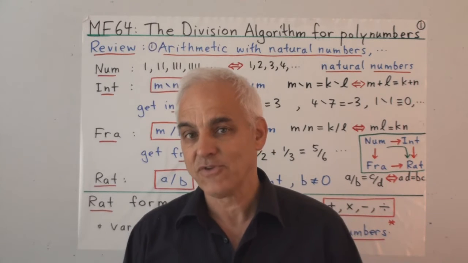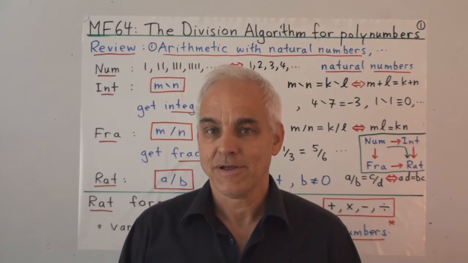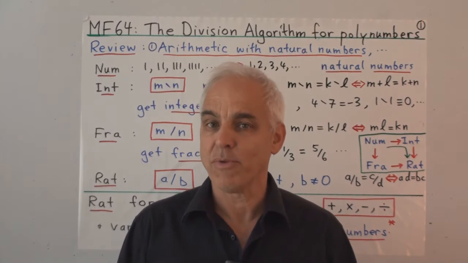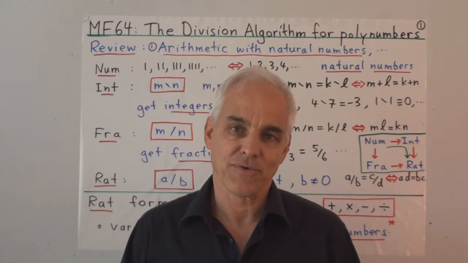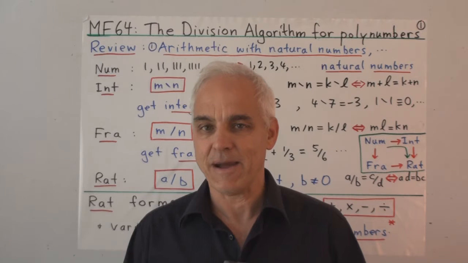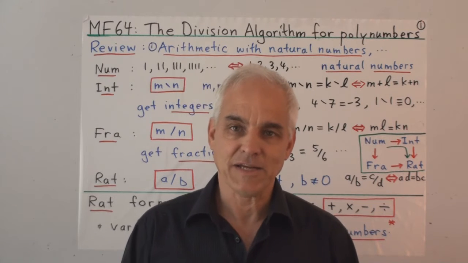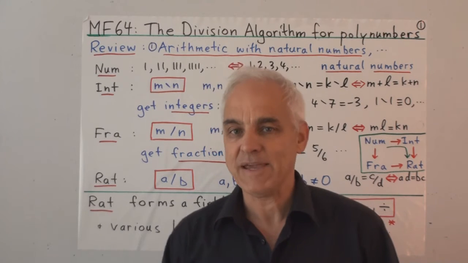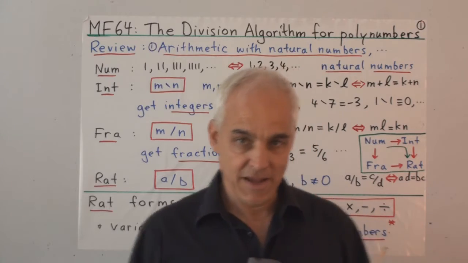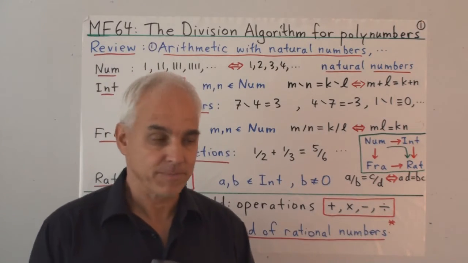Okay, so in the last few videos we've been talking about our approach to polynomials, and we've approached it through an idea called a polynumber. So it's probably a good idea for us to have a review of the basic structure of arithmetic that we've developed so far.